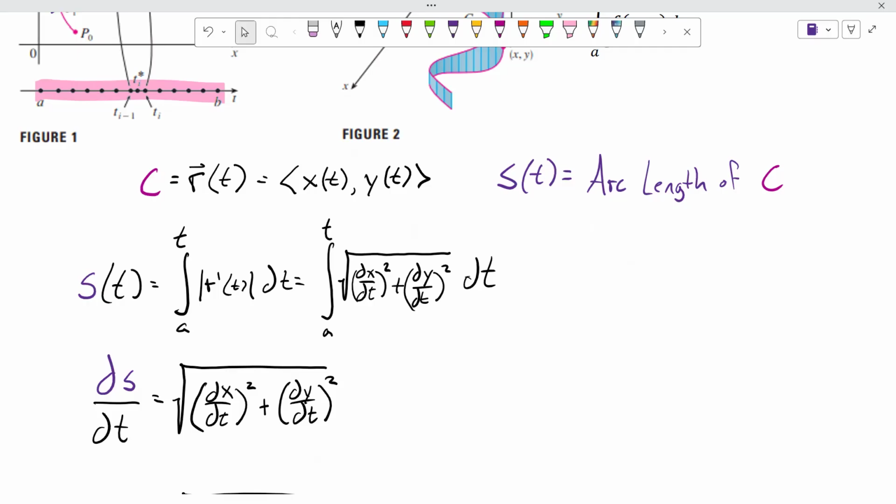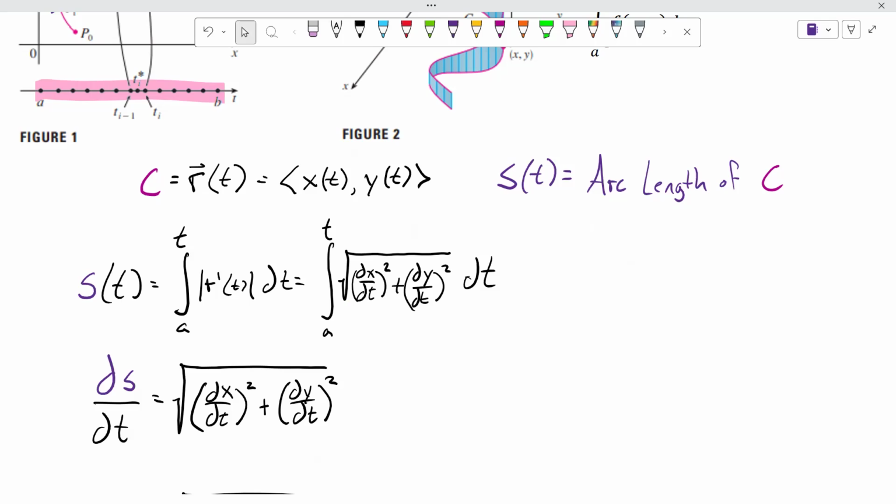Right? If I go take a derivative of this thing, by the fundamental theorem of calculus, the one of the fundamental theorems where we had two halves. One is just the integral is f of b minus f of a. We got that one. But the other one said that if I take the derivative of an integral, I come back to the integrand, the thing that's on the inside of the function.